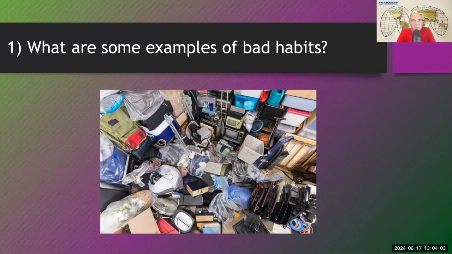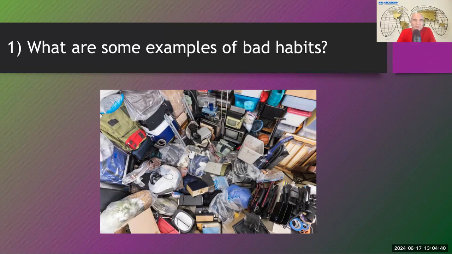Other examples of bad habits may be smoking. I mentioned that just a minute ago, and we said smoking cigarettes or smoking cigars. That's an example of a bad habit. Maybe somebody has a habit of showing up late to events or to work or to class or something. Showing up late to work, that is a bad habit.